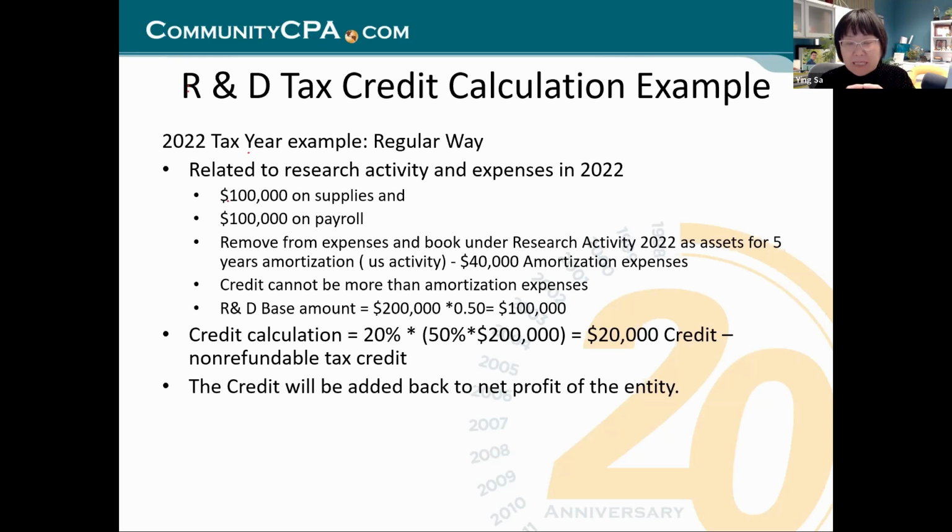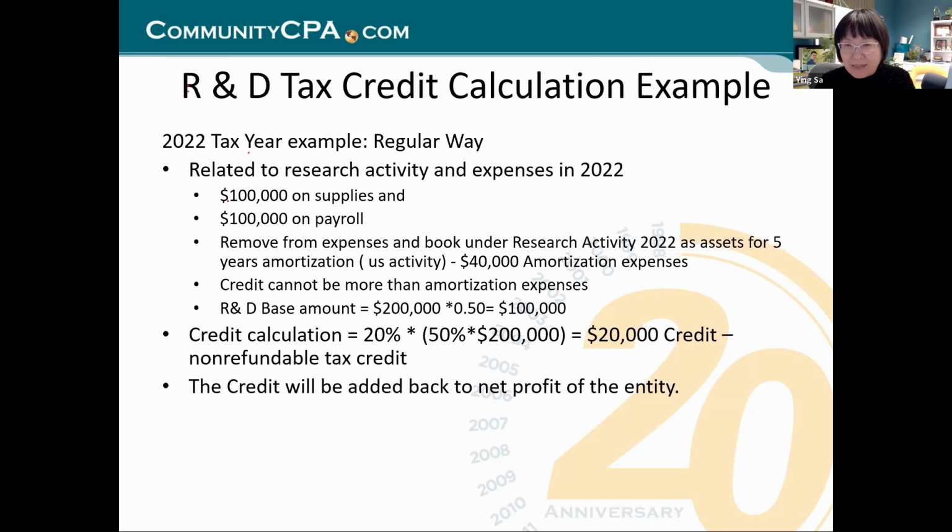Now you have the base amount, then you know it's 20%, so you have a credit of $20,000. That is your tax credit, not your tax deduction. That is your credit against income tax or payroll tax. That is a non-refundable tax credit.